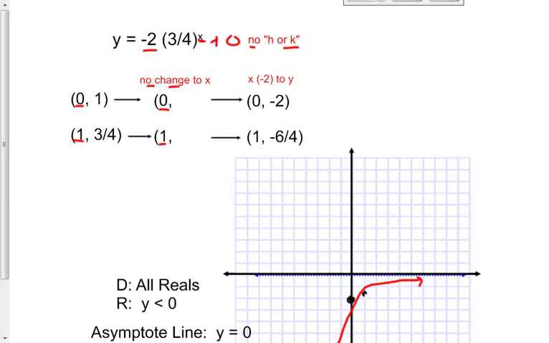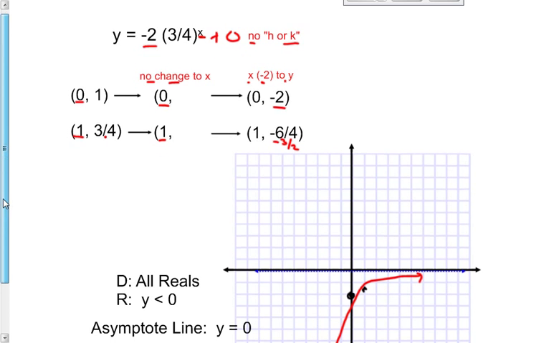Now I have my stretch number in the front, that's my multiplier. I multiply the y values by -2. 1 times -2 is -2. 3/4 times -2 is -6/4, same thing as -3/2, or -1.5. And I can plot them.